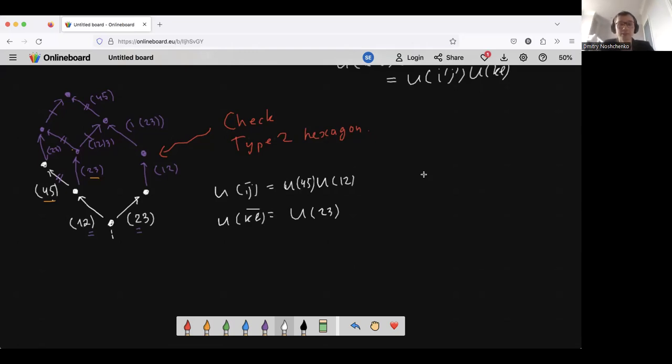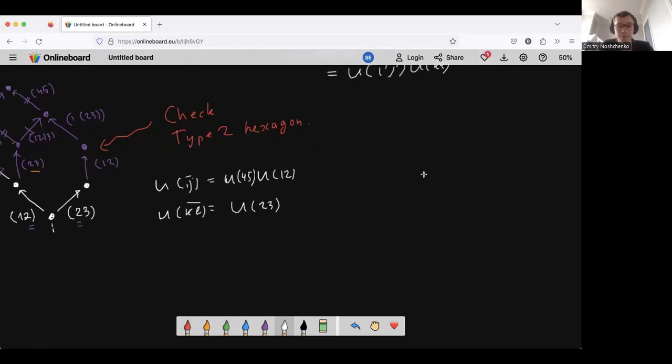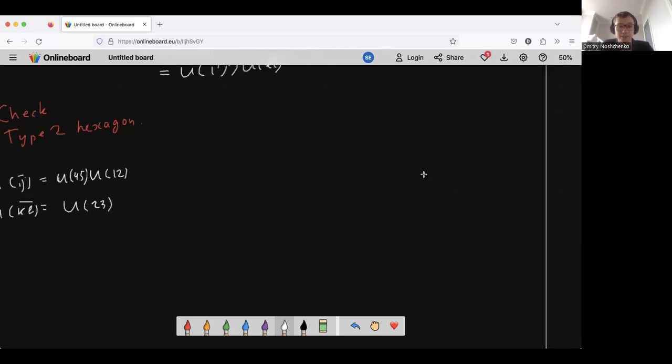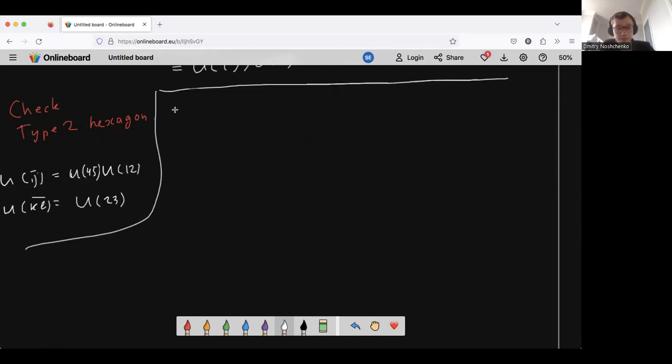Yeah, so now let's proceed to some more interesting things we can do using unlinking. So now we can define permutohedron from unlinking.